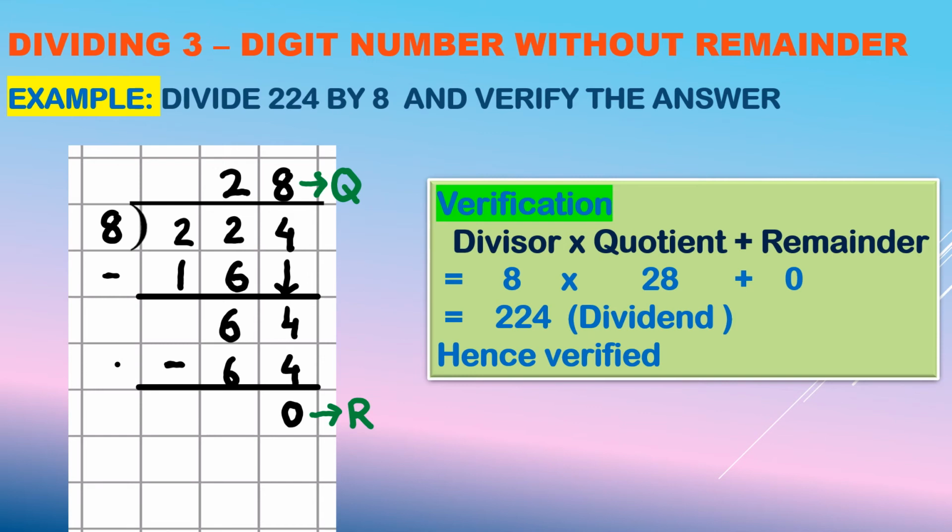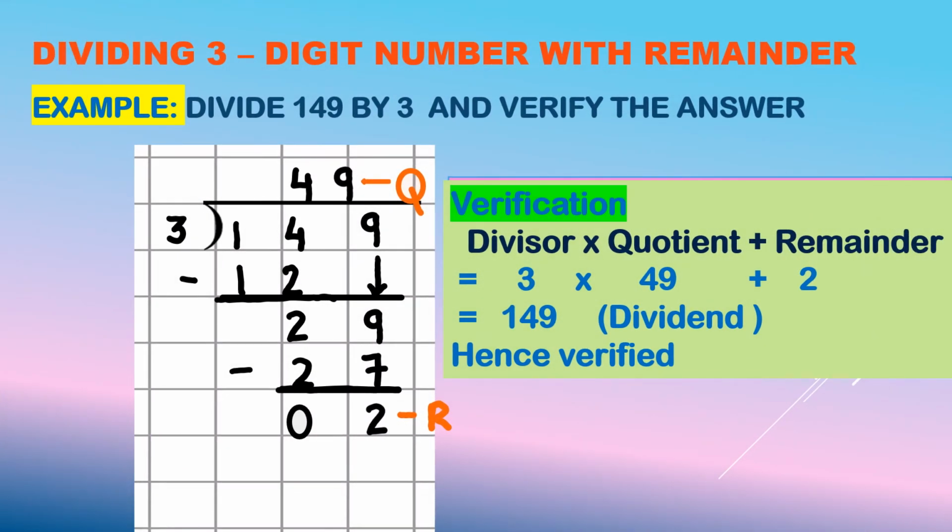So multiply 28 by 8 and then add remainder, which is 0. 28 multiplied by 8 is 224. When you add remainder, your answer is 224, which is your dividend. Hence, your division is correct.